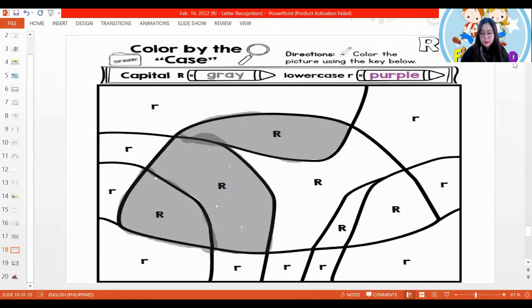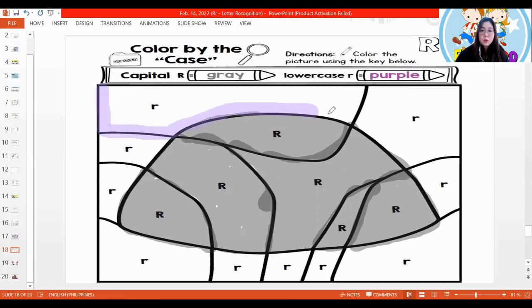When we're all done coloring, we can find what the hidden pictures are. Okay, we're all done with capital letter R. Now let's get color purple and color our lowercase letter R.